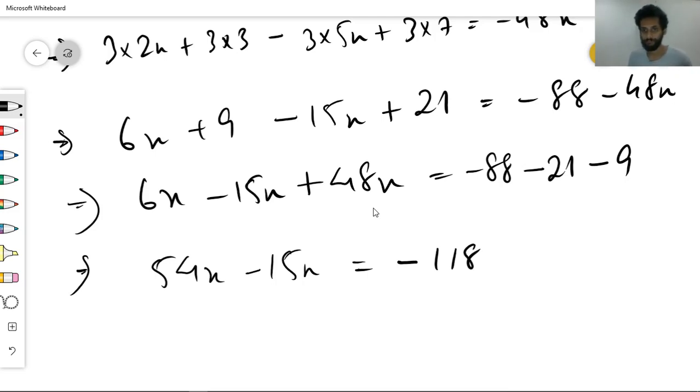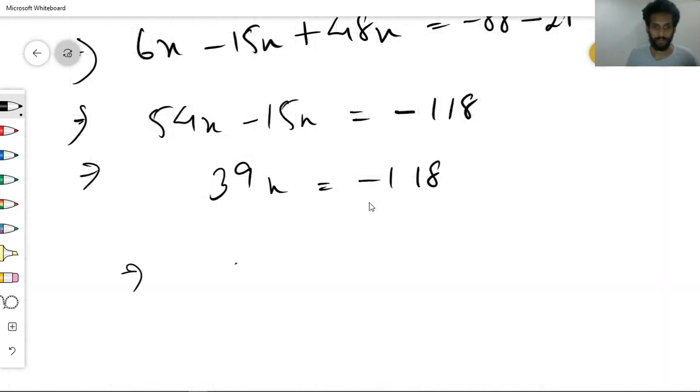Okay. Then this one will be 15 minus 54, it will be 39x is equal to minus 118. So x will be equal to minus 118 divided by 39.